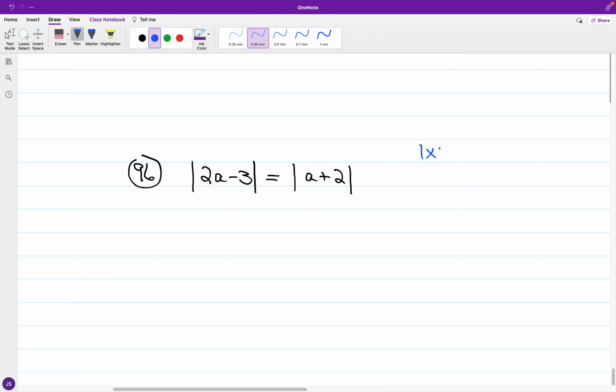And just to give you a little bit of a segue, if I had the absolute value of x equal to 7, you have x is equal to plus or minus 7. So you have the absolute value of plus or minus 7 is equal to 7. Now we have this with 2a minus 3 as well as a plus 2.